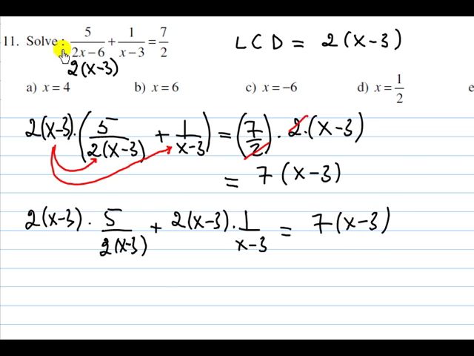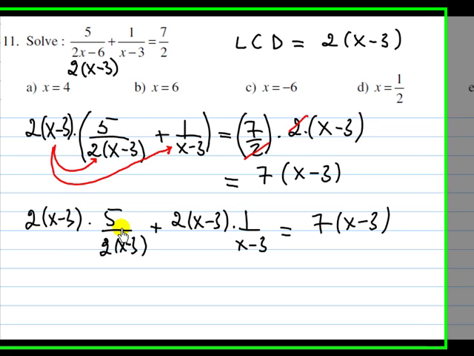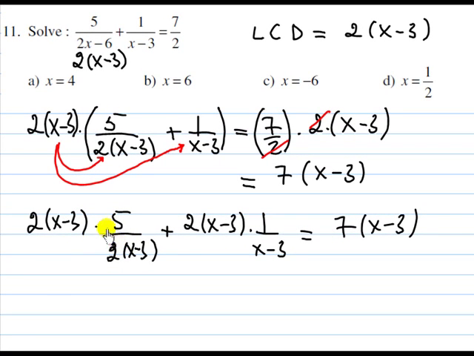Now looking at the first term, we have here multiplied and multiplied, so we can cancel those 2's and x minus 3's, and what is left is 5, plus.